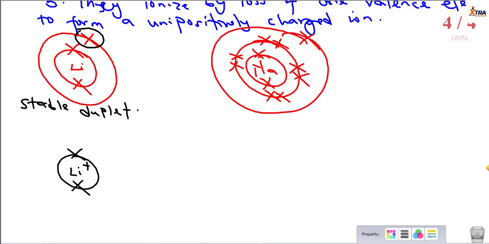That's the lithium ion, and this form of lithium is more stable compared to the initial structure. So what does that mean? It means that ordinarily, group 1 elements would want to lose their outermost electrons, and losing them allows them to attain stability.